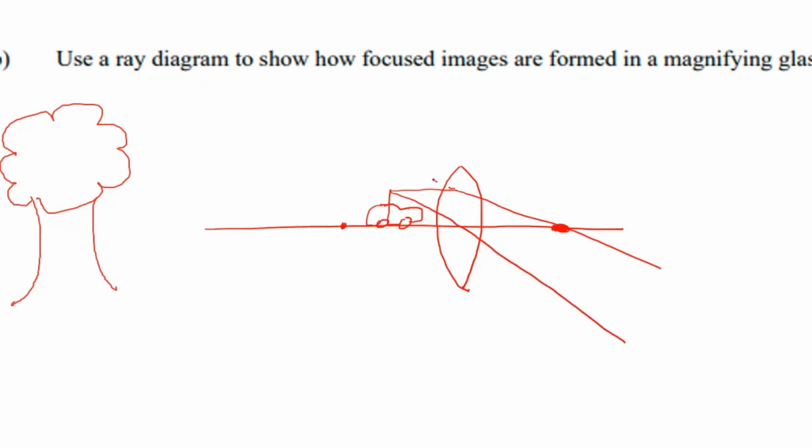Using your ruler, you're going to extrapolate using broken lines. Wherever those broken lines converge, that is technically where the image will be. So your image is going to be located around this region, magnified, because remember it's a magnifying glass.